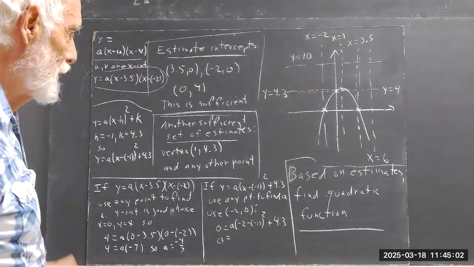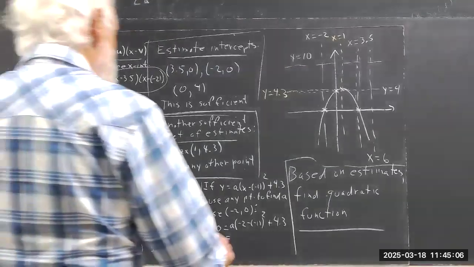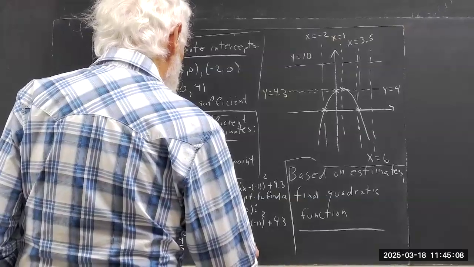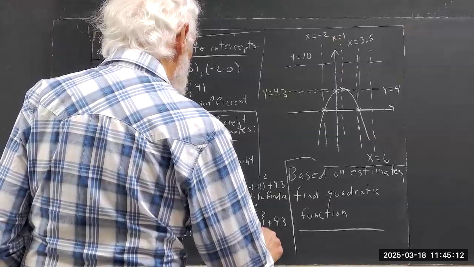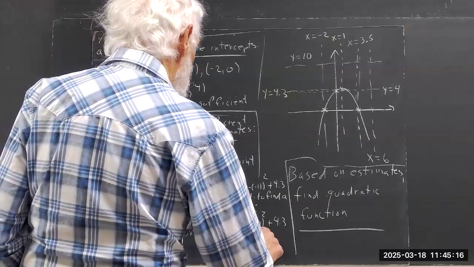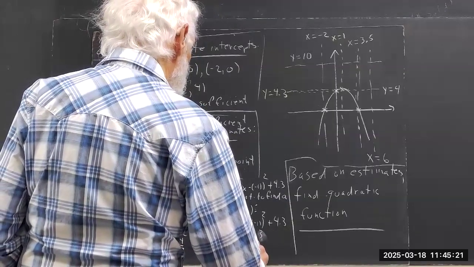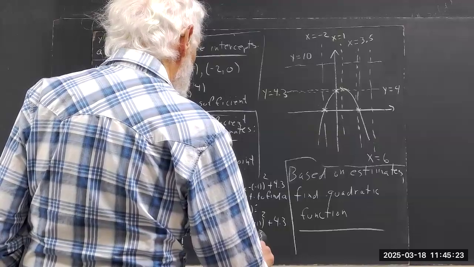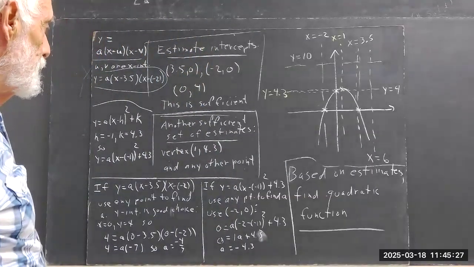This turns out to be -1, right? So 0 equals 1A plus 4.3. And you get A equals -4.3.